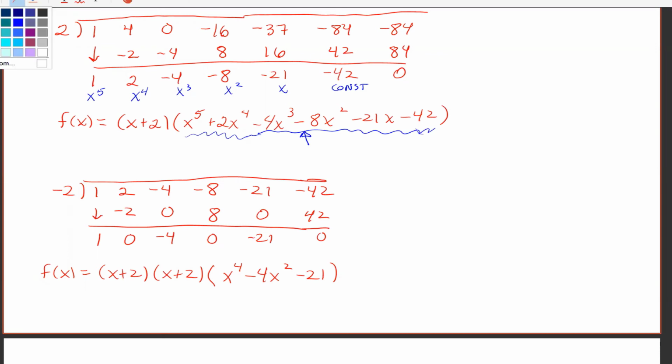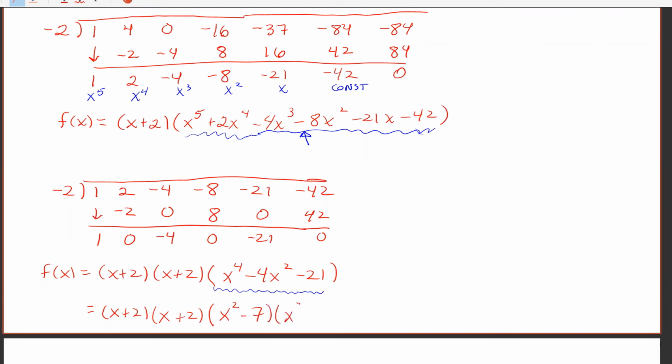The expression that I'm about to underline in blue right here is quadratic in form. That is actually factorable. Here's how. What I'm going to do is factor this as x squared minus 7 times x squared plus 4.